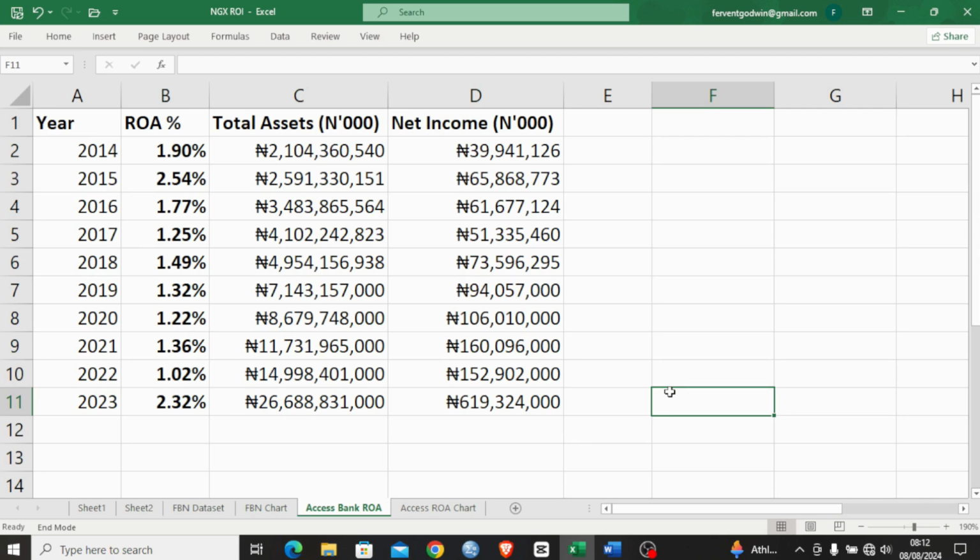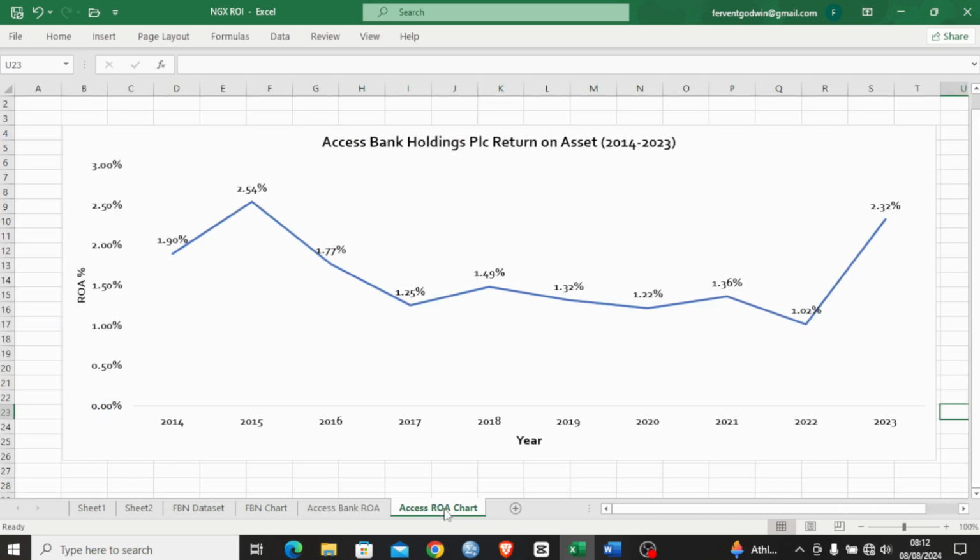Okay, so today's video we'll be covering Access Bank Holding PLC return on assets from 2014 to 2023.